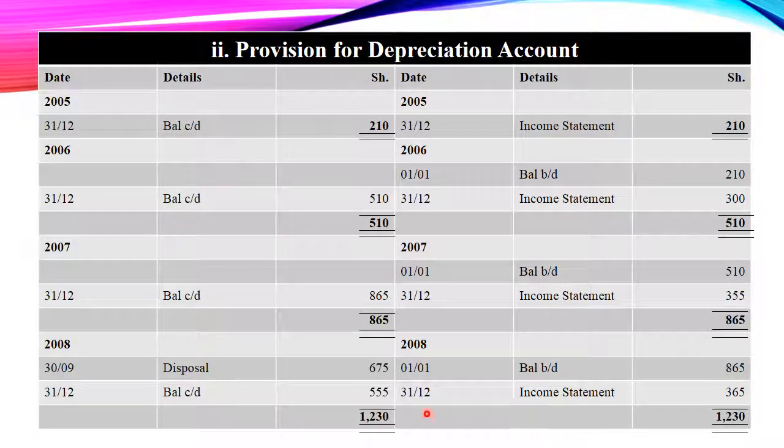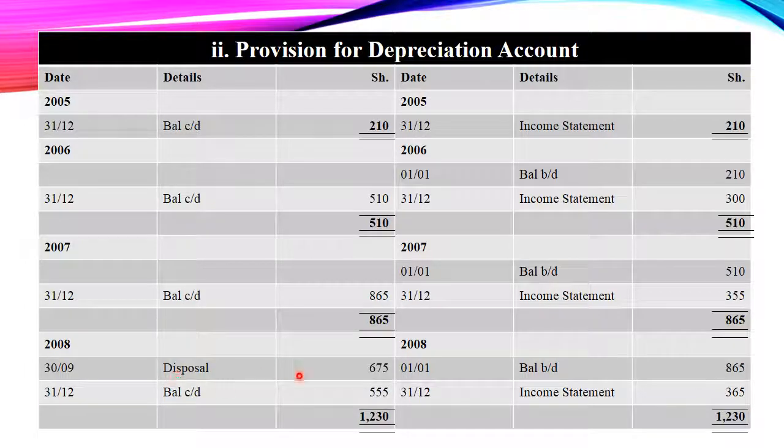On 31st of December, we have an income, the value to be taken to the income statement, or the accumulated depreciation as at the end of the year 2008. As we calculated it, this is the accumulated depreciation for the remaining assets after disposal, and the total was coming to 365.